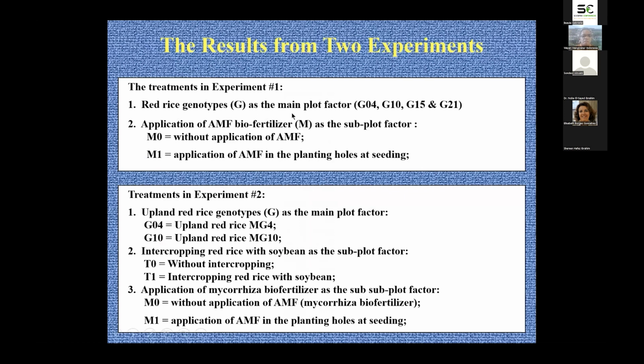I will talk about the results of two experiments. Experiment one is the effect of mycorrhiza on rice yield, this is red rice, on rice yield and anthocyanin content, and the other one is mycorrhiza and intercropping with soybean, but only for upland rice.